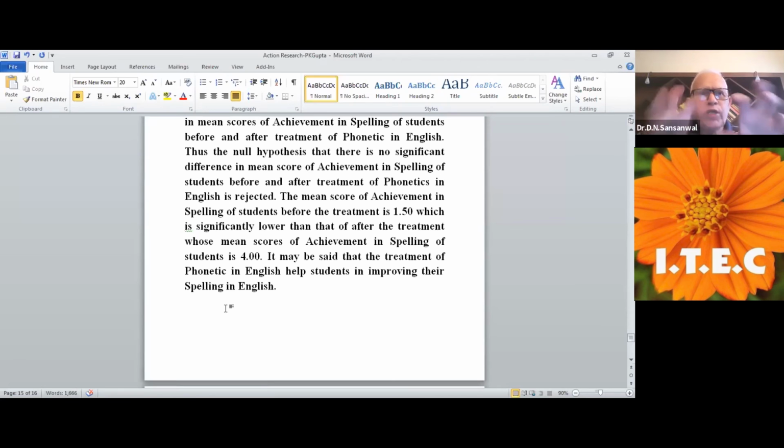That is why I'm not taking this, but I'm taking this example that if there is only 1 section and there are number of students, boys as well as girls, and all of them are facing the same problem, and you want to do an action research, then how will you write your objective and hypothesis, how will you analyze your data, and how will you interpret? So let me just give you that.